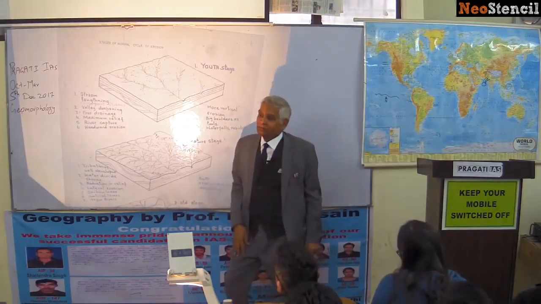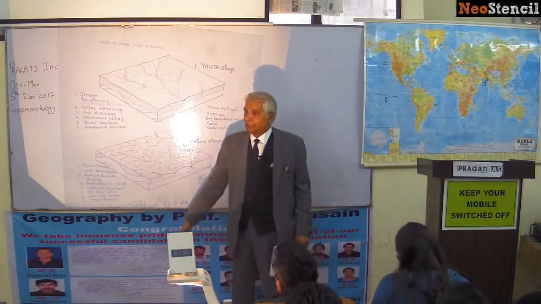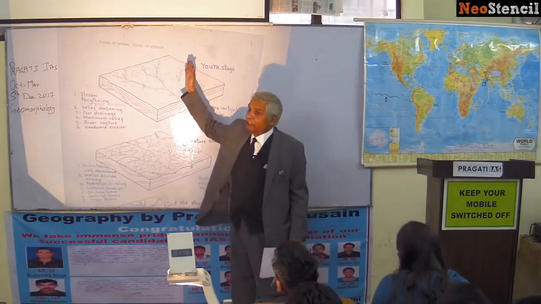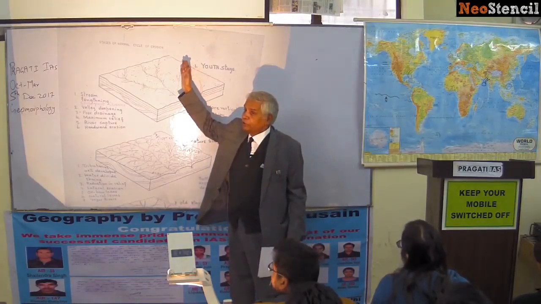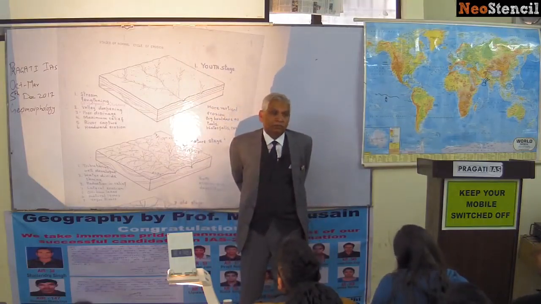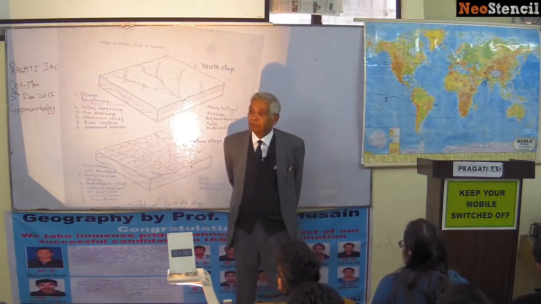Not defined. But these rivers will do downward cutting. When they are doing downward cutting, they will be extending their source of origin further. That is known as headward cutting. When there is downward cutting, that leads to headward cutting also.